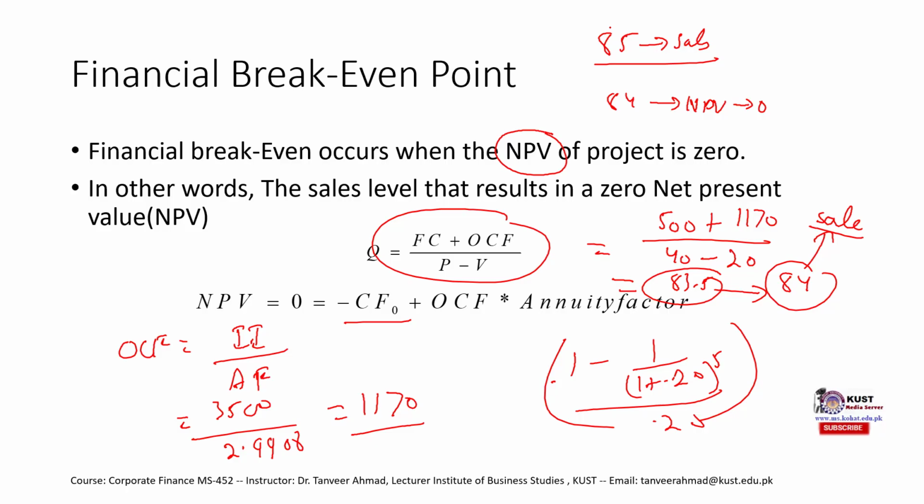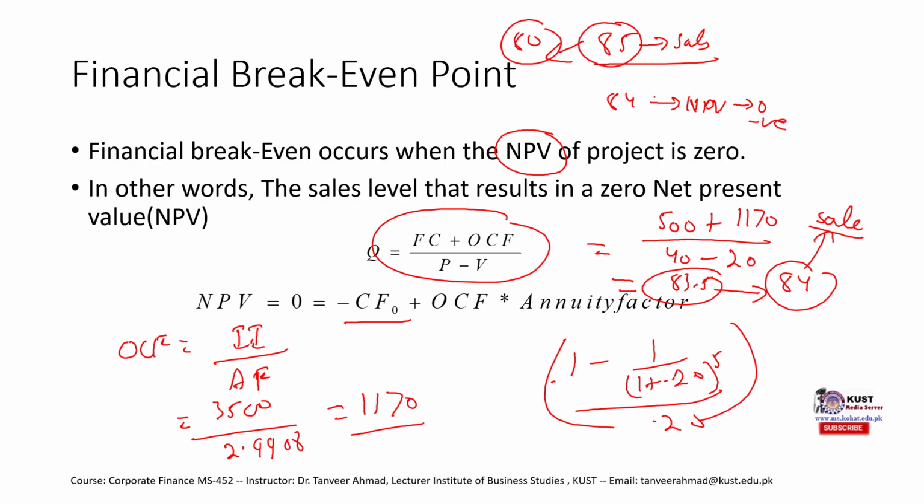Remember, we have forecasted that we would be able to sell 85 units. But imagine there is some error in our forecast. Obviously, there would be some error. Our forecast would not be exact. But even if the actual sales become 80, it is just a small change in our sales, then our NPV would be negative, right?